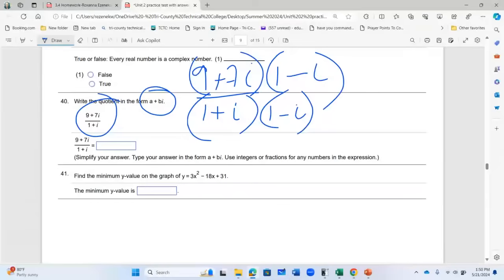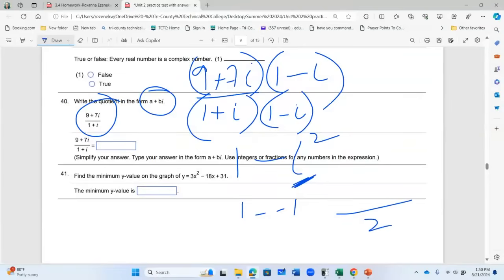So I can actually rewrite it as 1 minus i squared because it's difference of two squares. A while ago, we said that i squared is the same as -1. Whenever i is squared, i squared is the same as -1. So here, this is where we have i squared, and so I now have 1 minus minus 1. I'm talking about denominator. 1 minus minus 1 is 2. So denominator is 2.